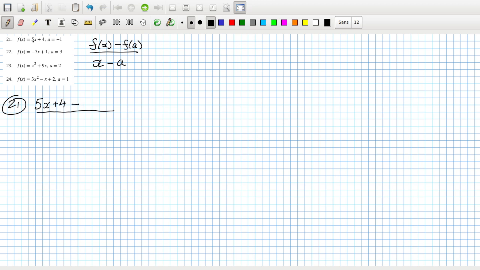So minus 1 for x, so that's minus 5. Plus 4 is minus 1, so that's plus 1 over x minus minus 1. So that's 5x plus 5 over x plus 1. So that is 5. It's just 5 then. That's not really too surprising.